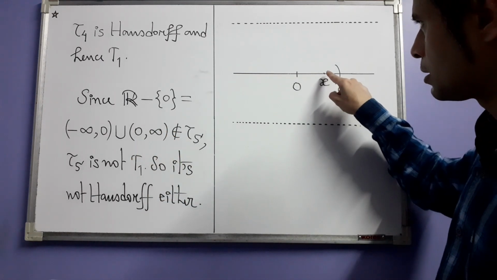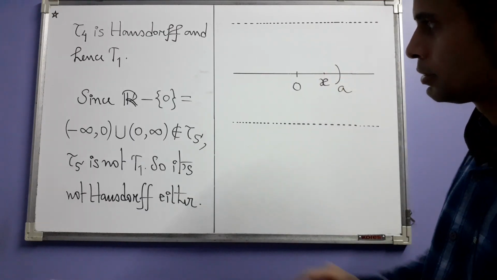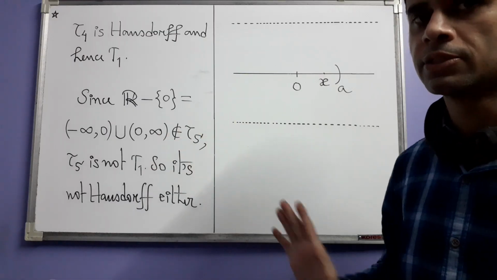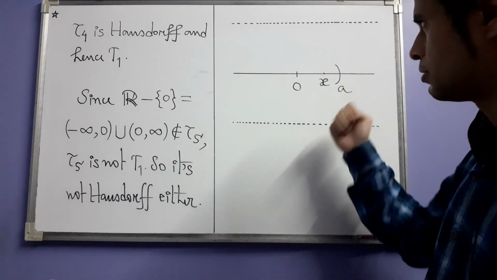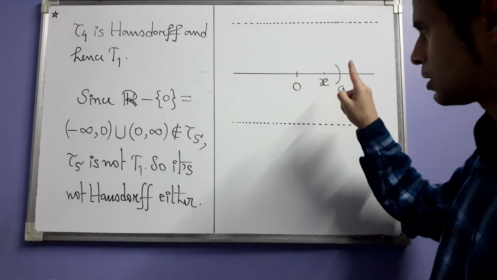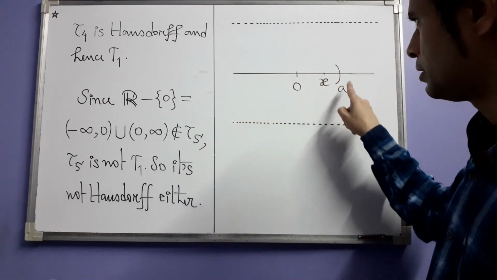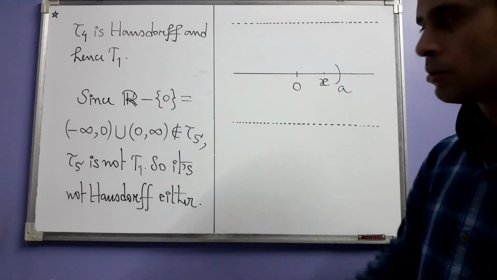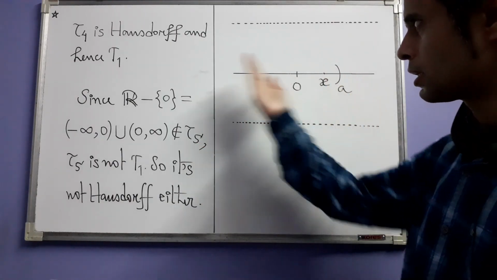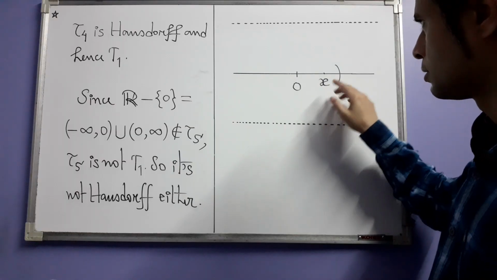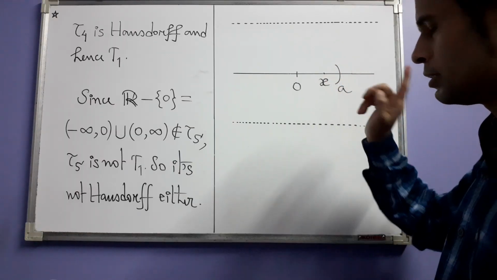Say you consider a positive real number x that is in this set. A positive real number is not 0. It lies to the right of 0. And consider a basis element in the topology tau 5, which will be a neighborhood of this x. But in tau 5, the basis elements are rays like this. So for them to contain x, the right end should lie to the right of x.